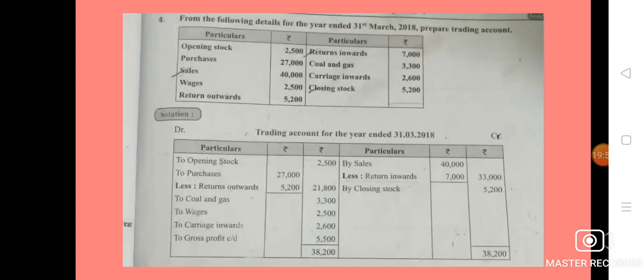Then we will come to question number 4. From the following details for the year ended 31st March 2018, prepare trading account.